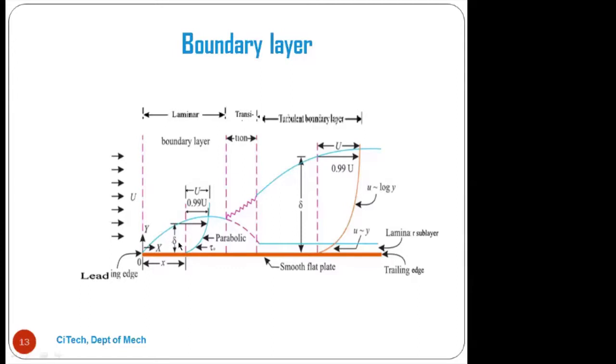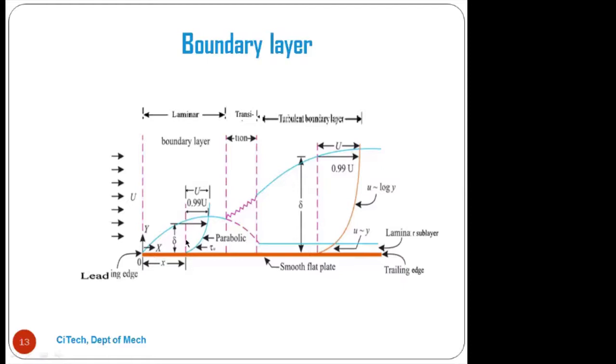So delta is the boundary layer thickness, the perpendicular distance from the plate where the velocity of the flow is equal to 0.99 of the mainstream velocity. Understand? That is called the boundary layer thickness.